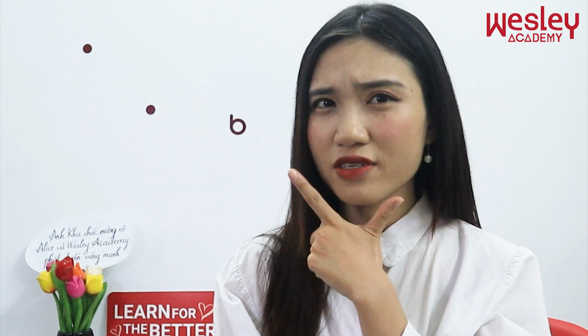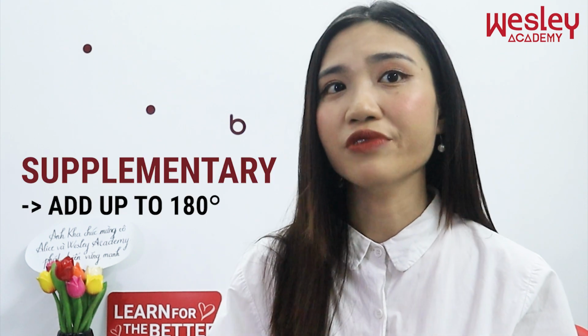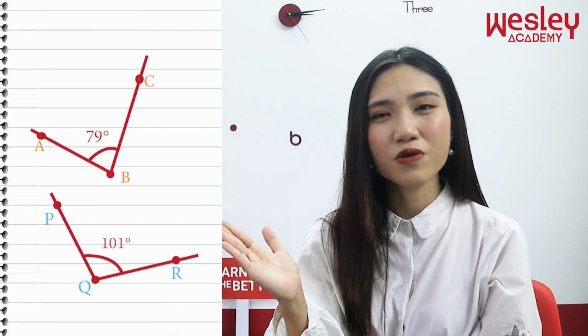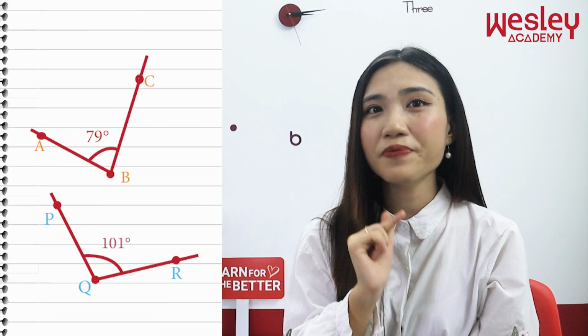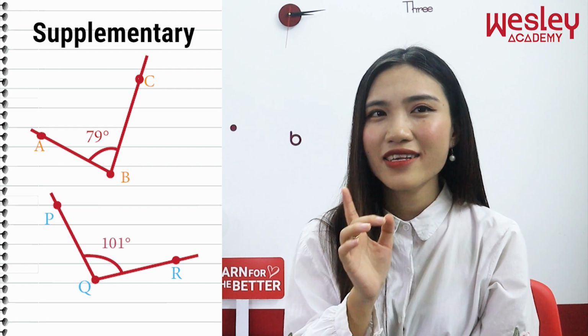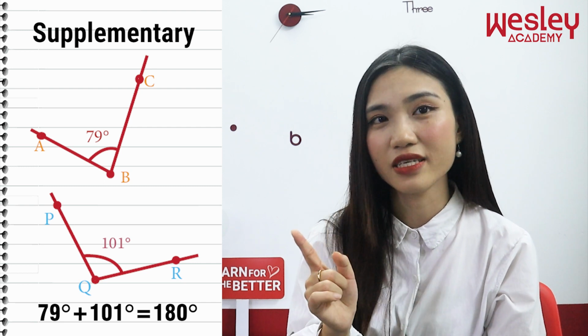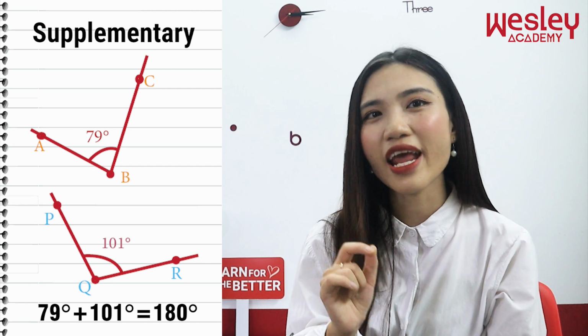Next, we need to consider the measure of angles while talking about supplementary. 2 angles are said to be supplementary if they add up to 180 degrees. For example, the 2 angles ABC and PQR are supplementary as 79 degrees plus 101 degrees equal 180 degrees.